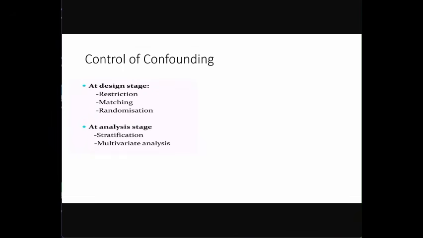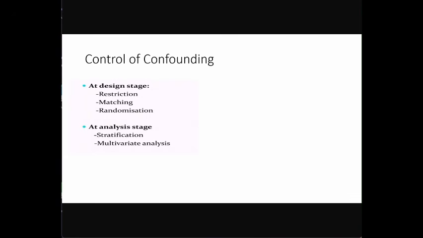One is by restriction, two is by matching, then randomization. This is at the design stage. When we are at the study design stage, assuming we are looking at coffee drinking and cardiovascular disease, then we make sure we restrict the study to only coffee drinkers. We make sure smokers are not there.